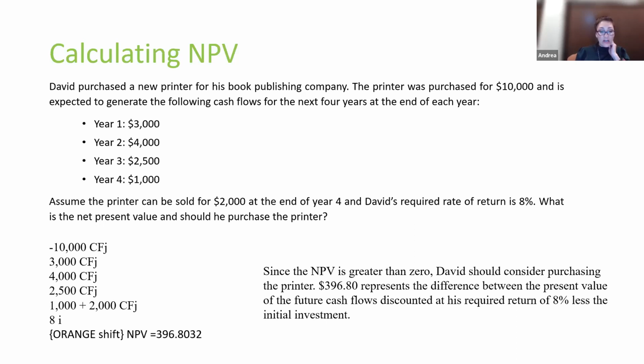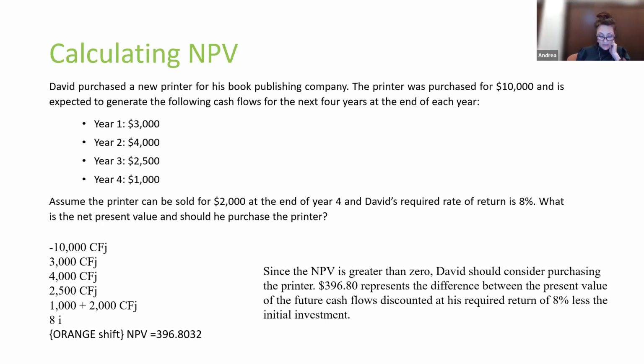He says he's going to earn 8%. So you hit 8 and use your I/YR button, the button on the top row, second from the right. And we are solving for net present value, which is your orange shift button and then your NPV.